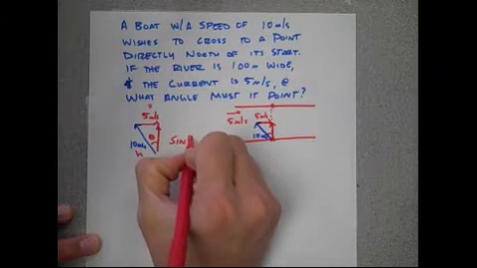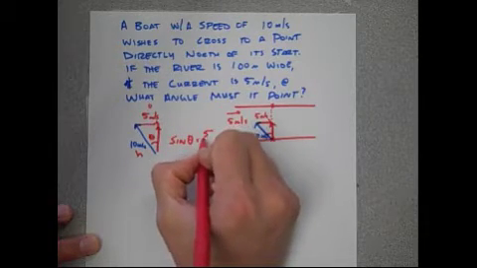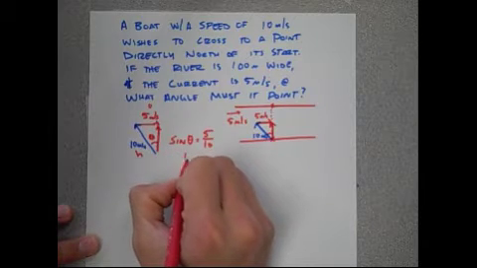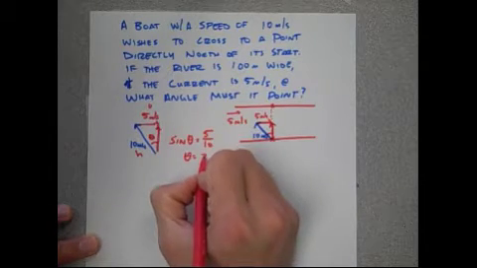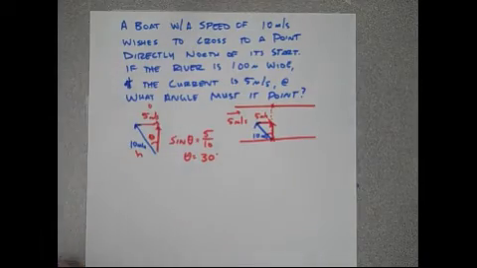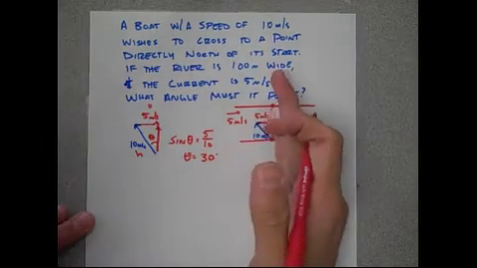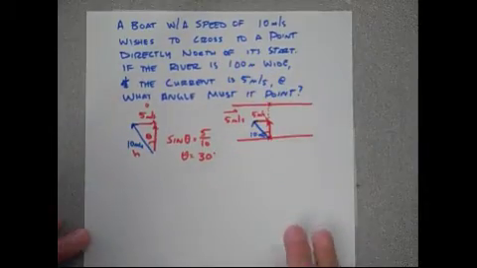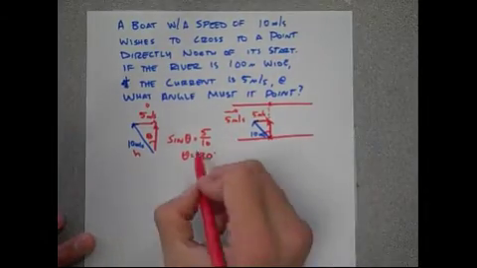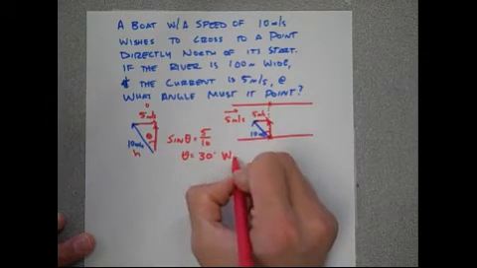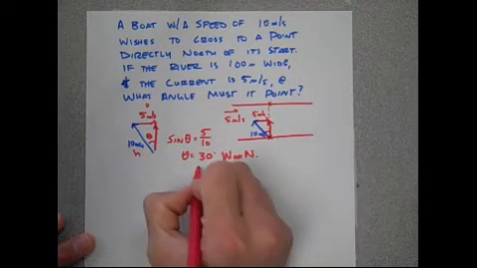Sine of that angle is equal to 5 over 10. So that angle comes out to be 30 degrees. So if we're going to cross that stream, we need to point ourselves 30 degrees into it in order to make it across in a straight line. So that's 30 degrees, and as we have it drawn, it is west of north.